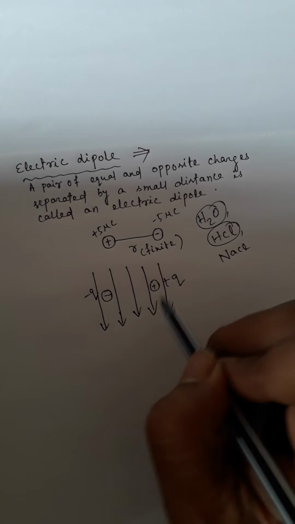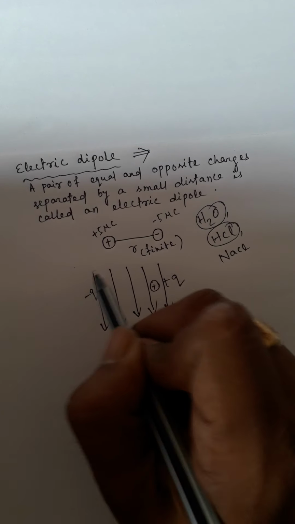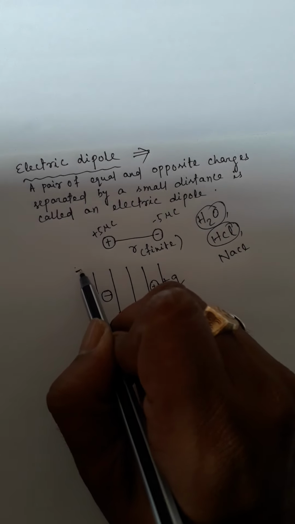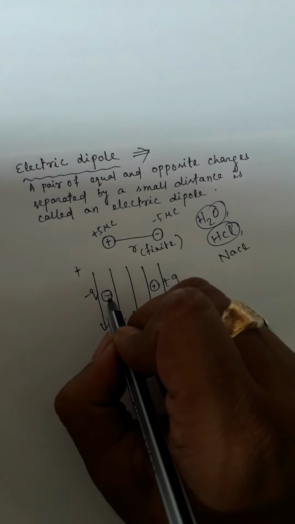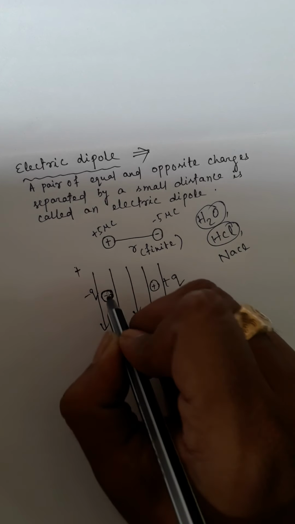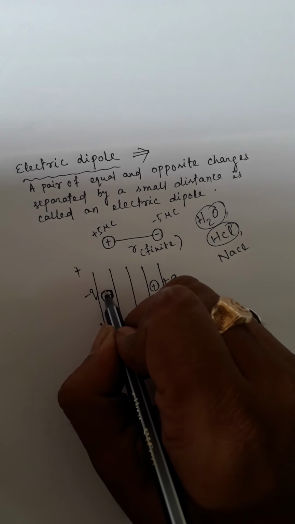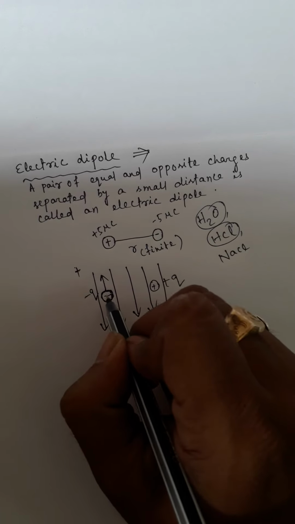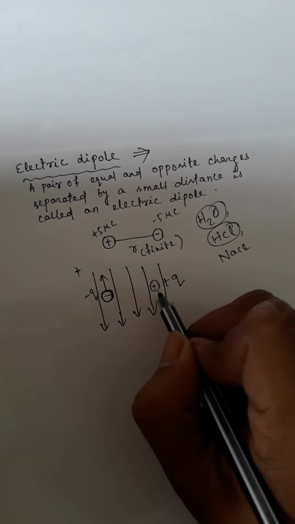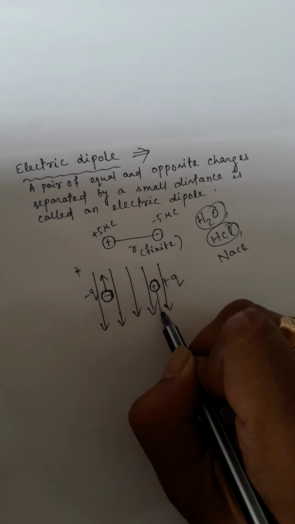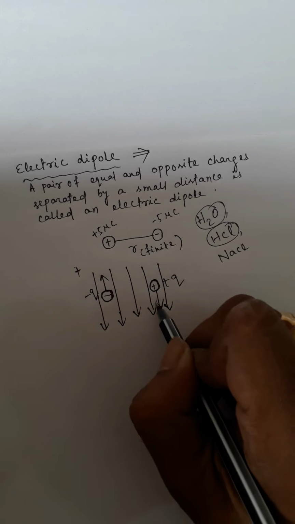The direction of field lines must be from positive to negative. So if we place a negative charge here, it will experience a force in this direction, towards positive. It will attract the negative charge, and the force on the positive charge is in this direction.